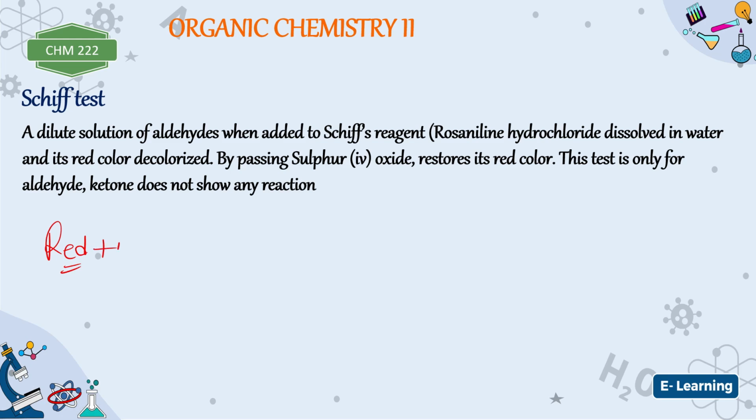When aldehyde is added, it becomes colorless, so it decolorizes it. But when you add sulfur dioxide, it restores the color back. This test is only for aldehydes; ketones do not show the Schiff test. Is that okay? So that is that for this particular one.